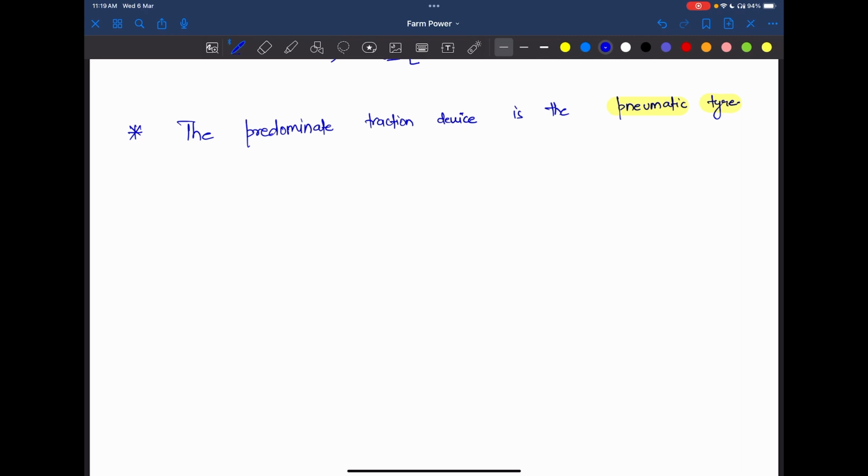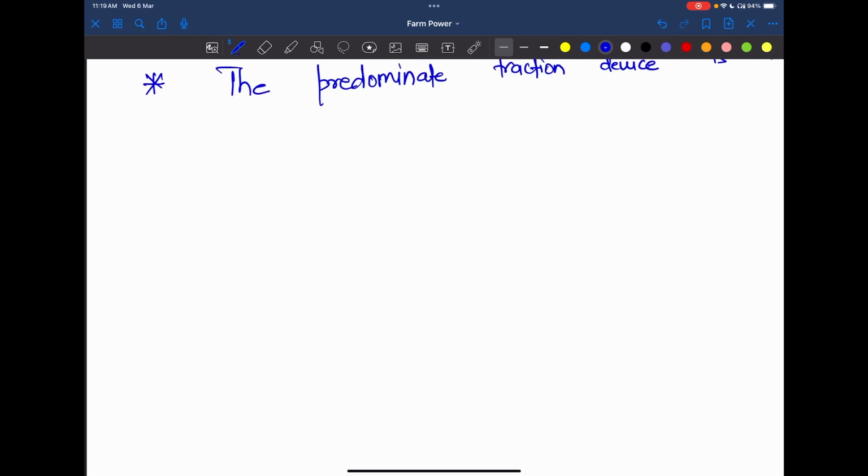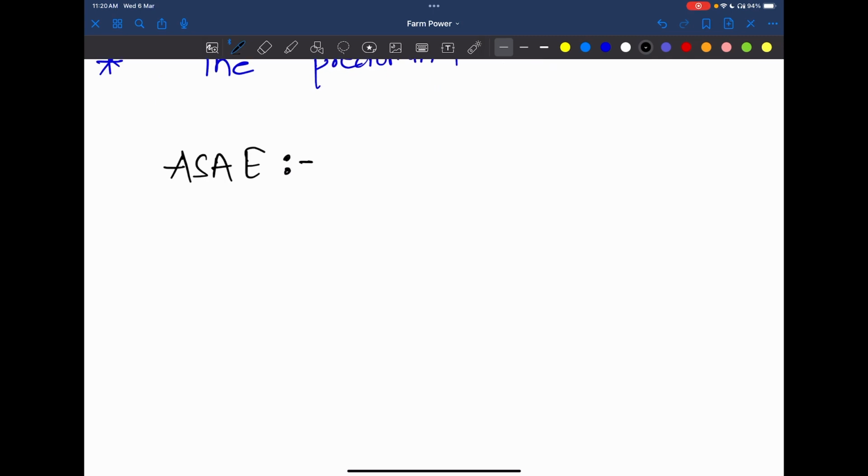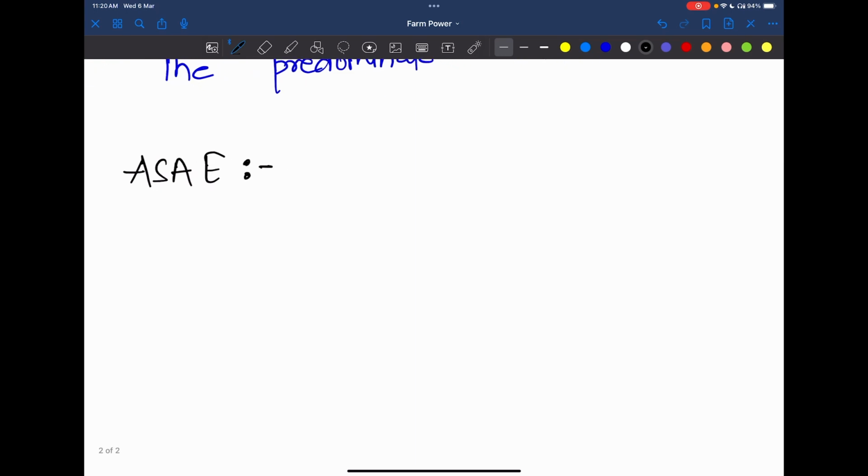The majority of terminologies which we are going to use in this one will be taken from the ASAE. What is ASAE? Actually, they are the pioneer when it comes to the different types of innovations and discoveries in the farm sector.